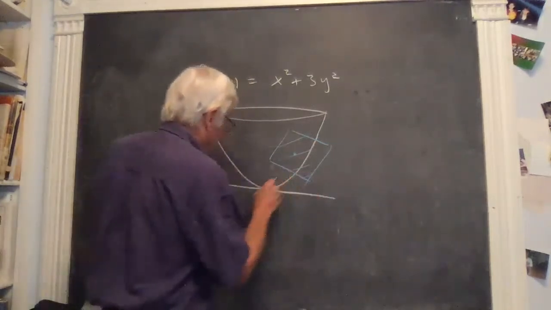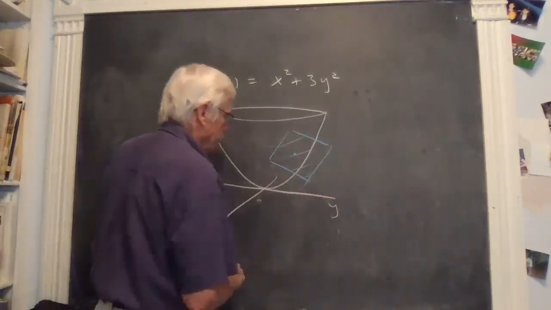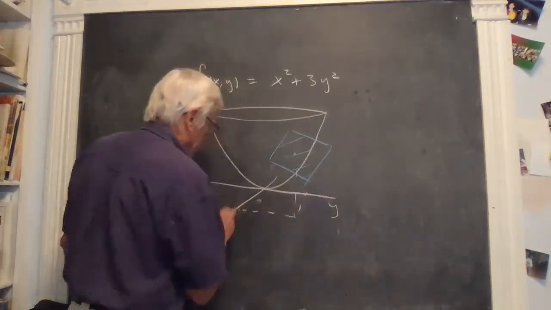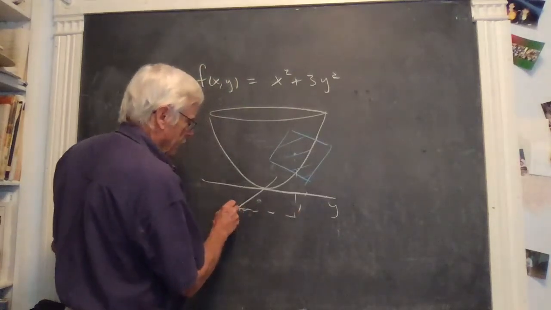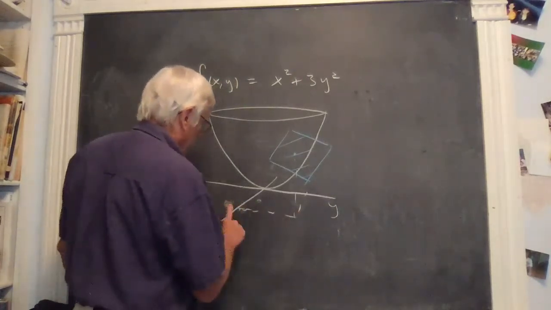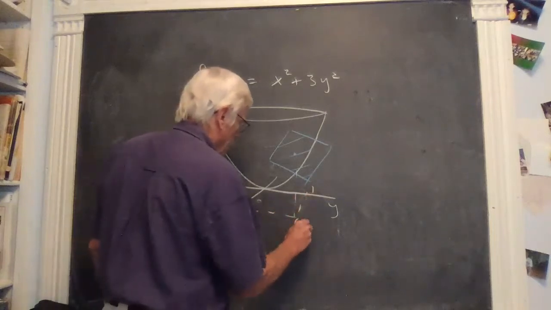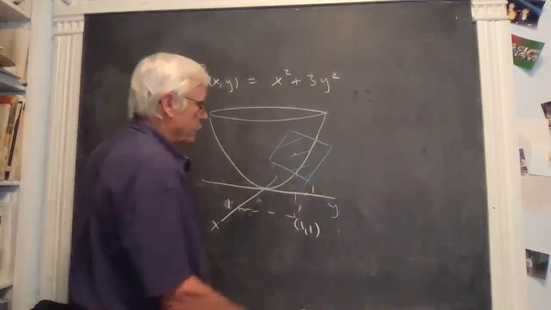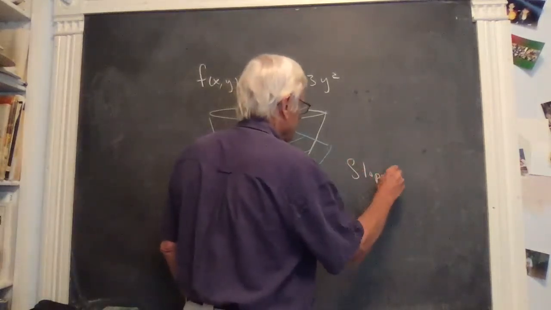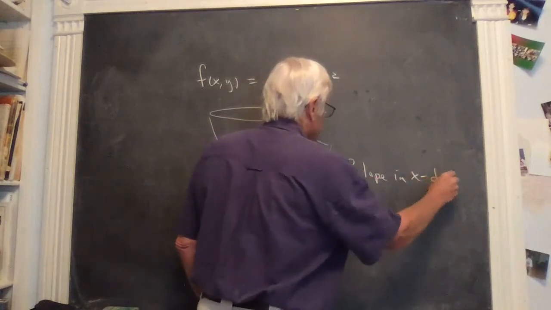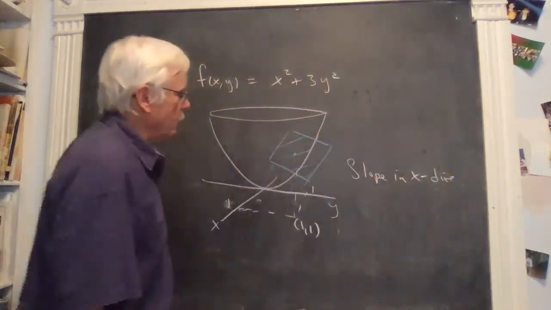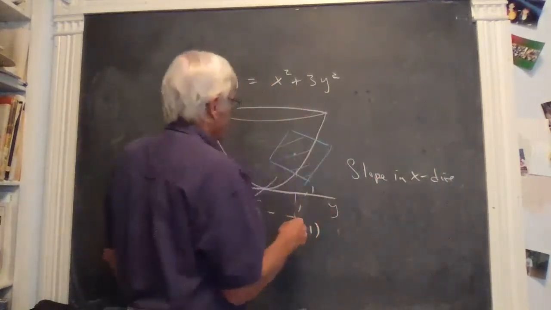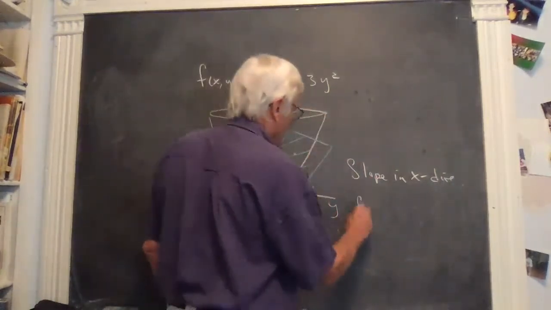So if we draw in the x and y axes here, and let's say that this is the point, well, let's just use 1, 1 maybe. So at this point 1, 1, what is the slope in the x direction? To find it, we can find the derivative here.